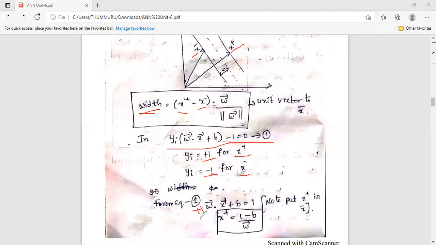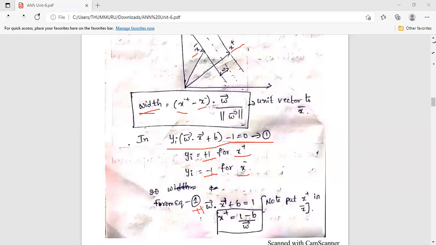Then you may write it like this: 1 into w vector into x plus b minus 1. Later, x plus can be represented as x plus equals 1 minus b divided by the weight vector. This is the formula for x plus: x plus equals 1 minus bias divided by the weight vector.